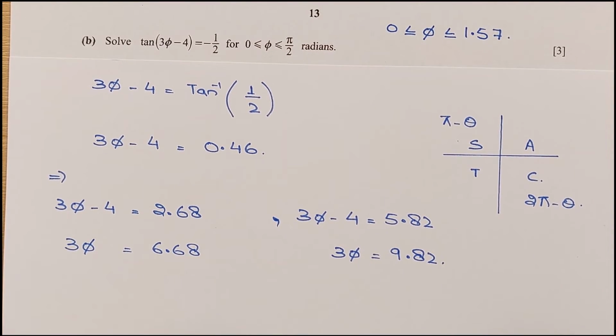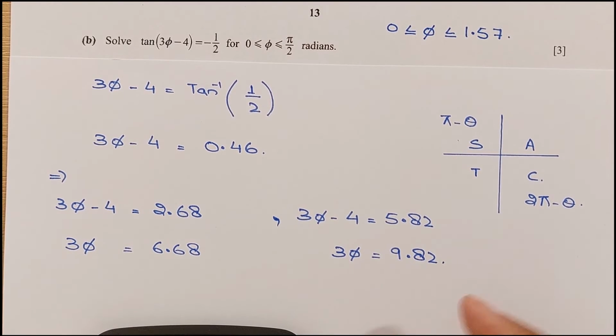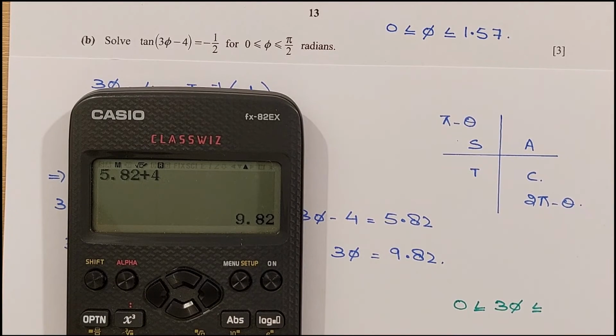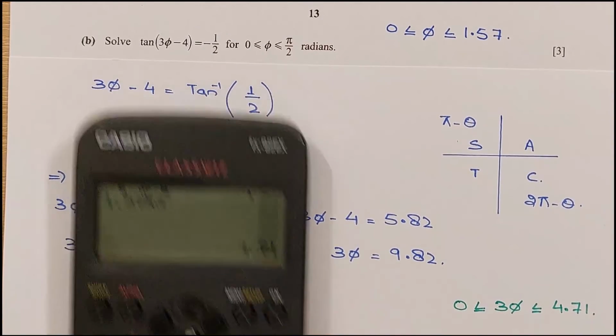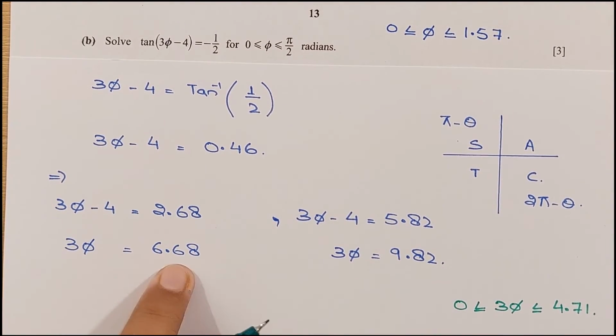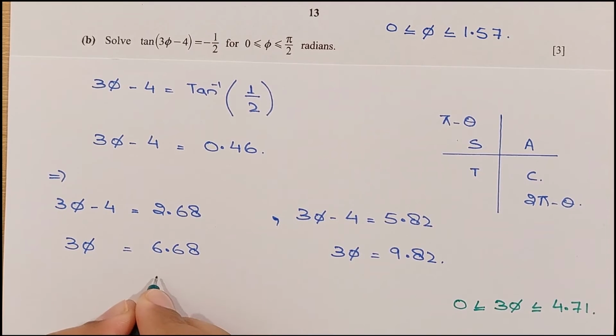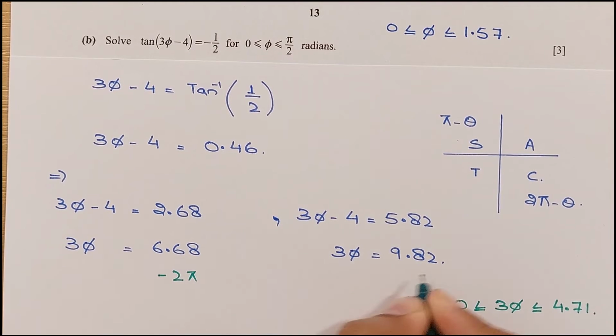So the domain of 3 phi we can say is 0 is less than equals to 3 phi is less than equals to, we need to multiply by 3, 1.57 times 3, this is 4.71. So the 3 phi values are 6 point and 9 point. So both are more than the given domain, sorry. So what we have to do, we need to subtract 2 pi, right?